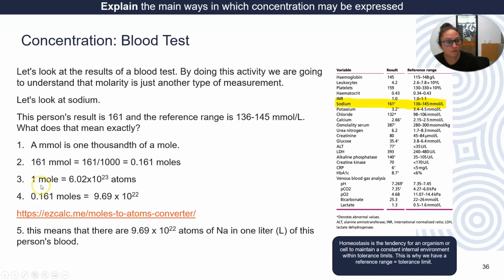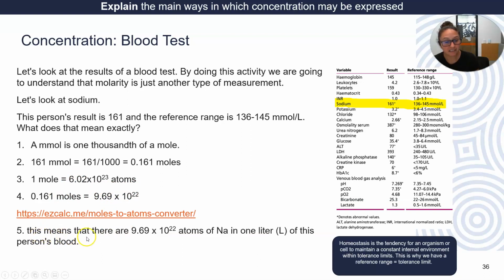We know that 1 mole is equal to that many atoms. So what we can do is calculate how many sodiums we have in that person's blood. We've got 0.161 moles times that, and it's going to give you this number.